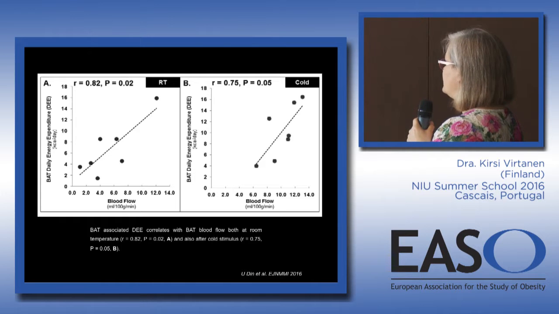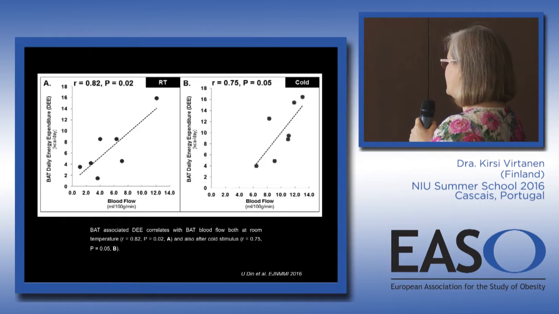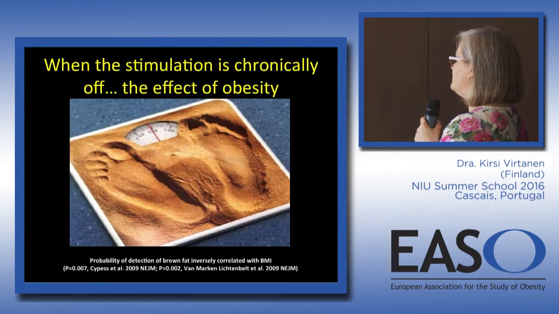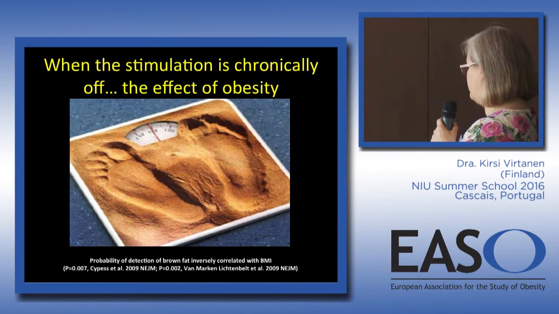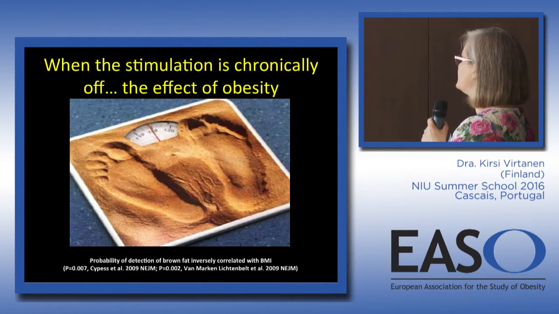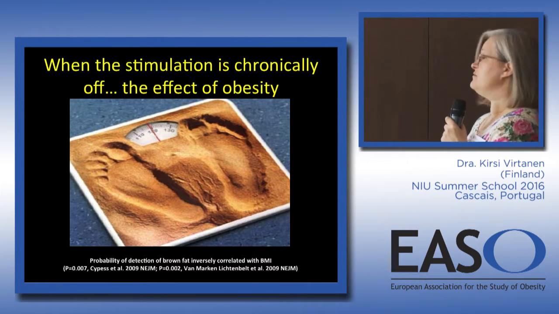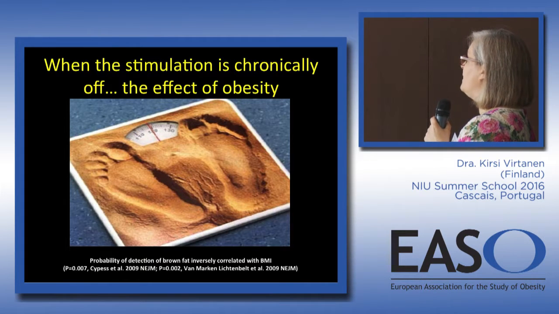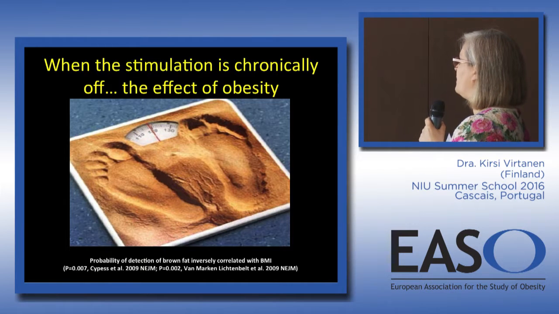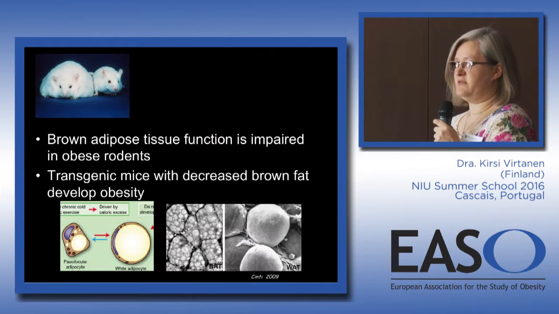What about in obesity? There is already some evidence showing that the probability to detect brown fat activity is inversely related to body mass index. And it is well known that brown adipose tissue function is impaired in obese rodents, and further that transgenic mice which have decreased brown fat easily develop obesity.